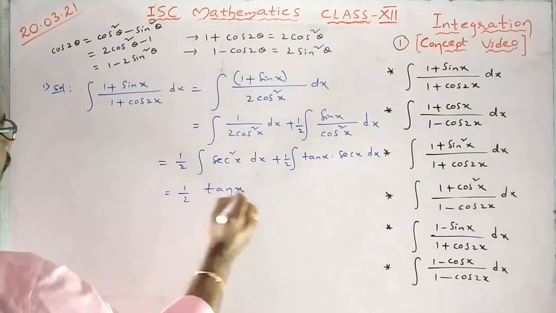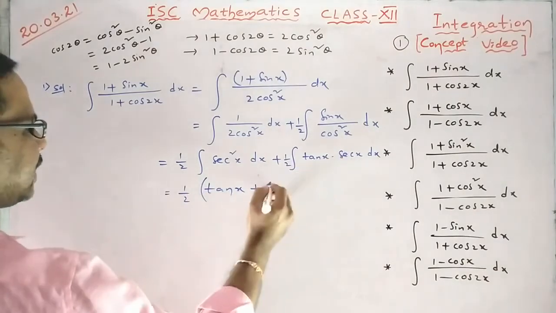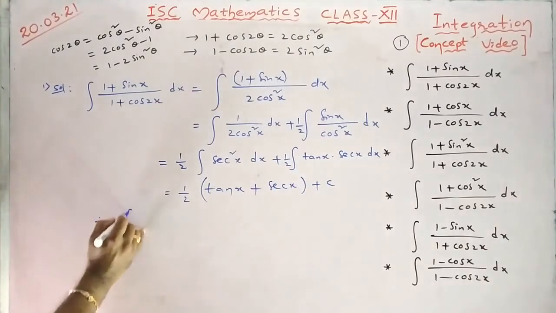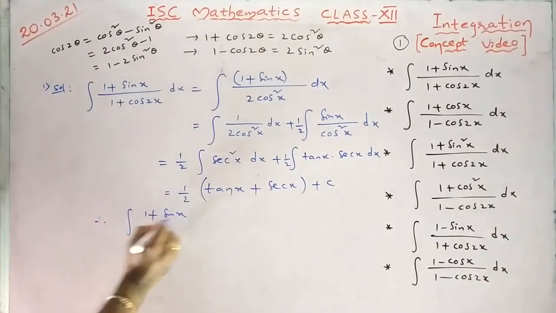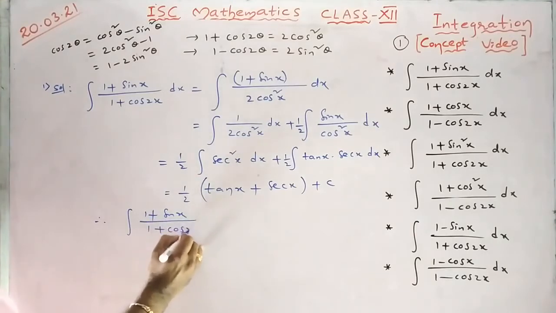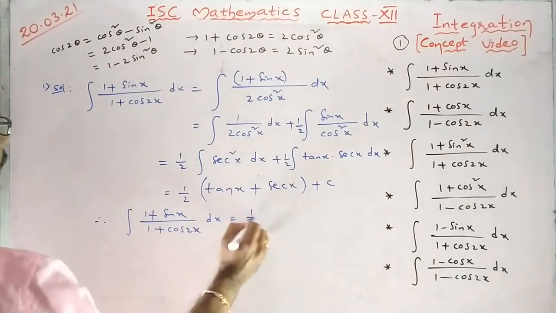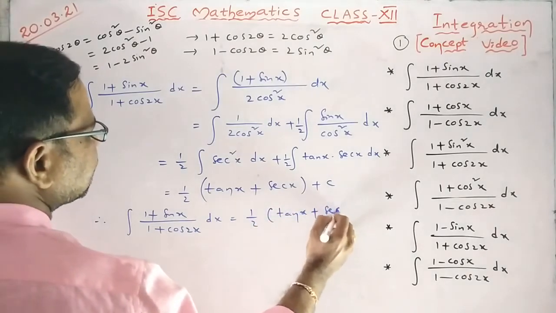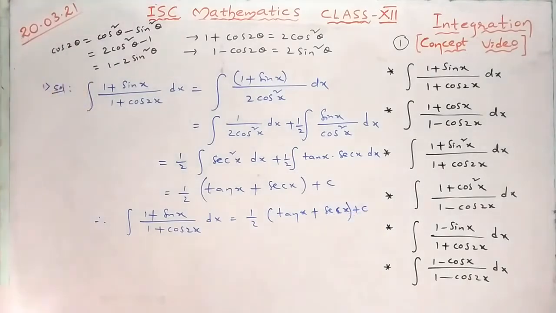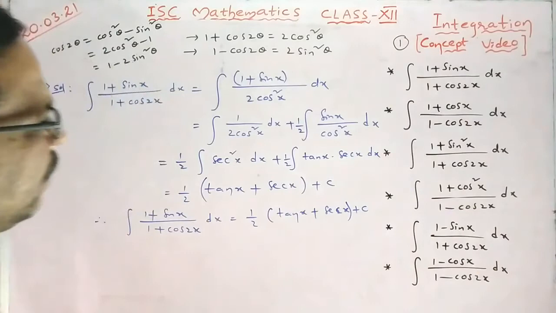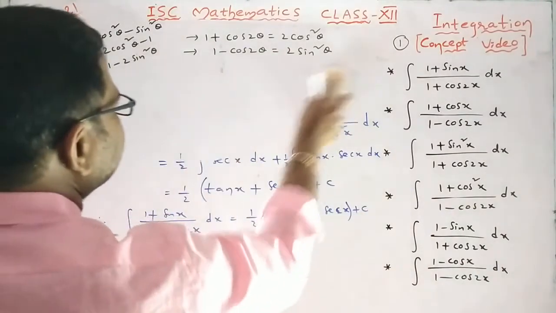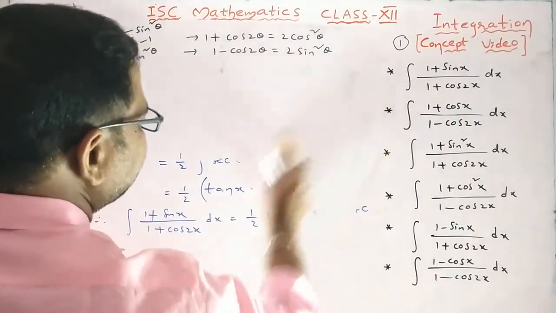Tan x, half I am taking common, plus secant x tan x integration is secant x plus c. So therefore integral 1 plus sin x by 1 plus cos 2x dx equal to 1 by 2 of tan x plus secant x plus c. This is the basic formula. Okay? So all these are same concept. I'll just explain, you see it. You try yourself also, no problem.